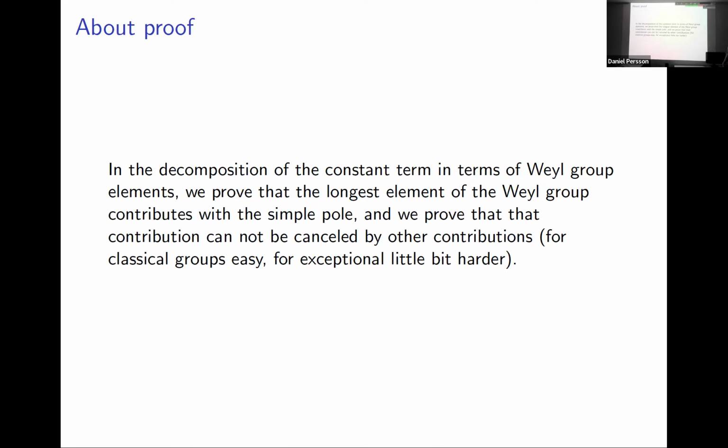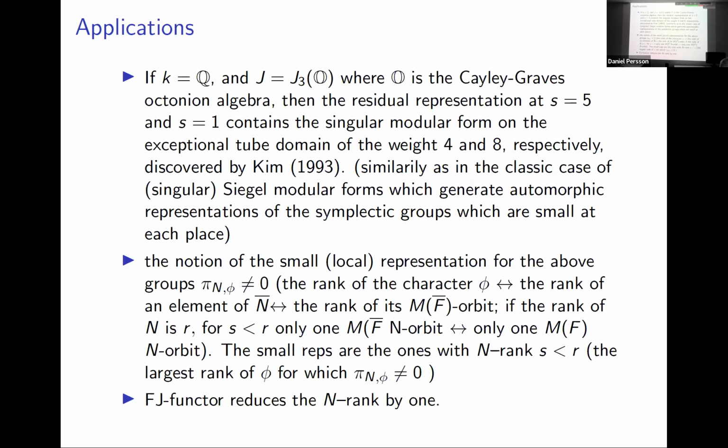So we have here a direct nice relation between local and global Fourier-Jacobi functor, and we have a small representation that is a residual representation. And this is an application. Actually, one of these representations we actually get s equals 1, s equals 5.